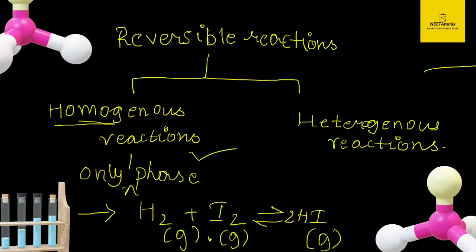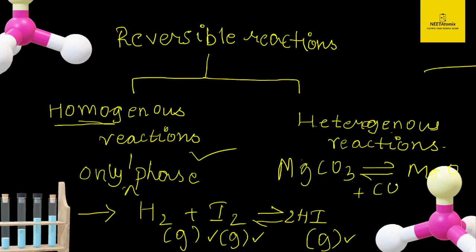So the physical state is always the same in homogeneous reactions, but the heterogeneous reactions are opposite to homogeneous reactions. They are the reactions in which more than one physical state is present. For example, let us take a simple example: magnesium carbonate, MgCO3, gives you MgO plus CO2.